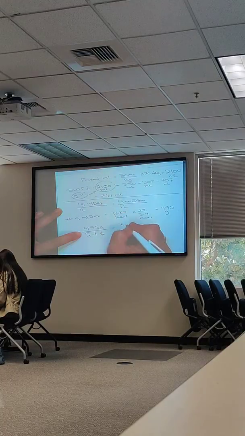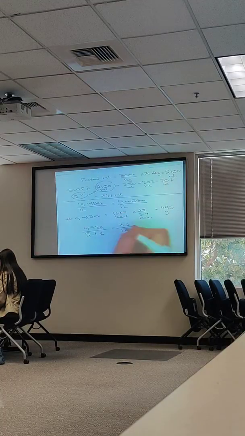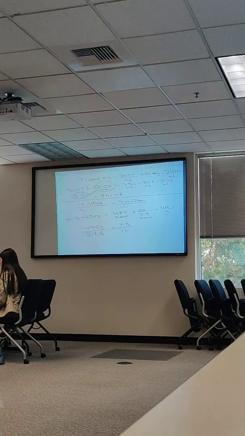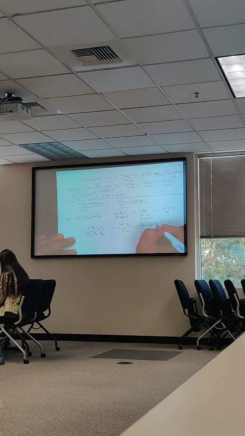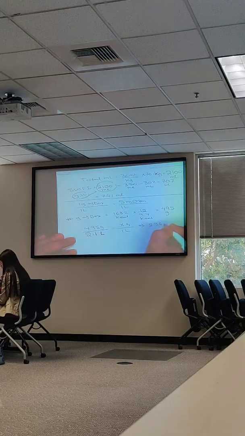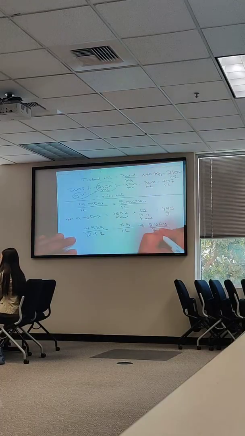How many grams do I have in 1 liter? So 495 divided by 2.1. So we have 236 grams per 1 liter.